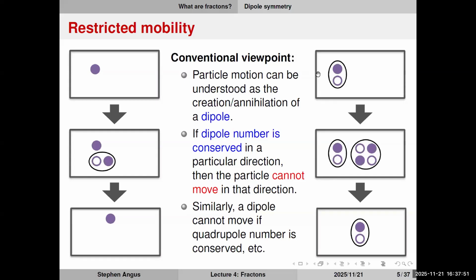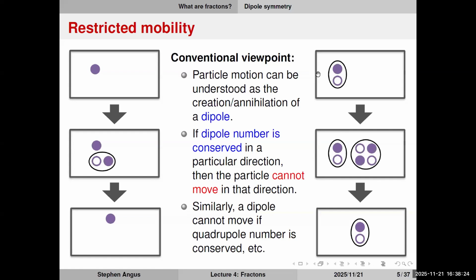And similarly, if we consider starting with a dipole, like say some positive excitation and negative excitation, could be an electron hole pair in a lattice or some charged particles, then we can move them by acting with a quadrupole operator. And similarly, a dipole cannot move if the quadrupole number is conserved.